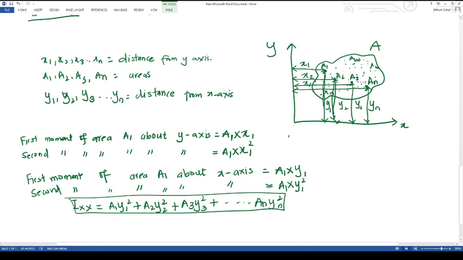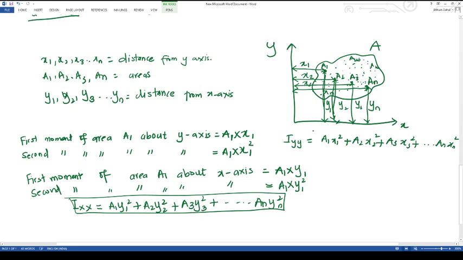So even for Iyy, what will it be? Iyy, we will get A1 x1 squared plus, this is for the first area A1. For the second area A2, it will be A2 x2 squared plus, for the third one A3 x3 squared plus, and so on An xn squared.